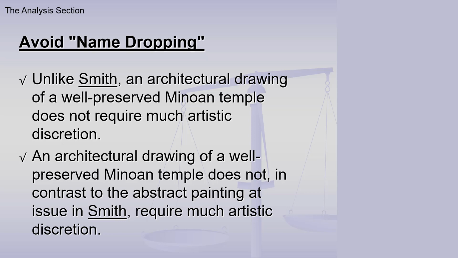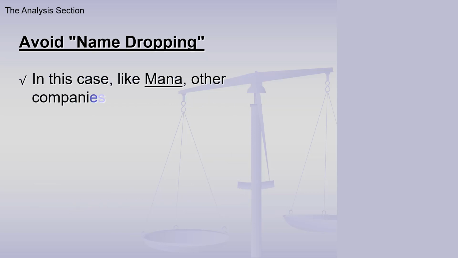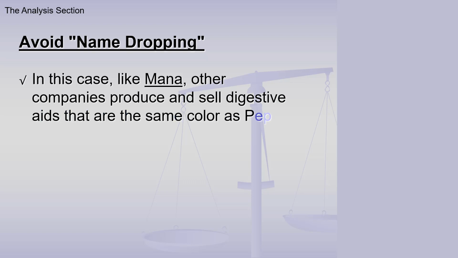"In this case, like Manna, other companies produce and sell digestive aids that are the same color as Pepto-Bismol." Again, what the writer's doing here is comparing a whole case, Manna, to, I guess, this concept of other companies producing pink medicines. A better way of saying this would have been the following.